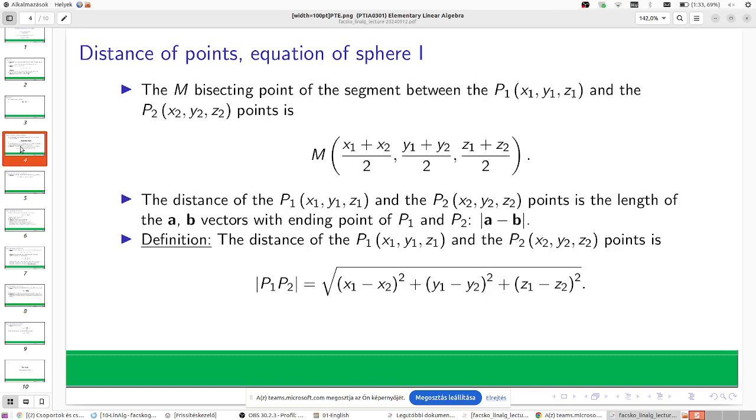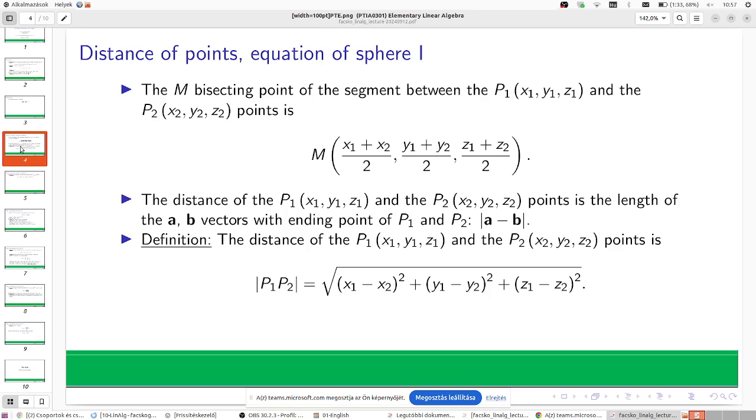You have the coordinates P(x, y, z) with the index, and you just apply the Pythagorean theorem, and you get this.